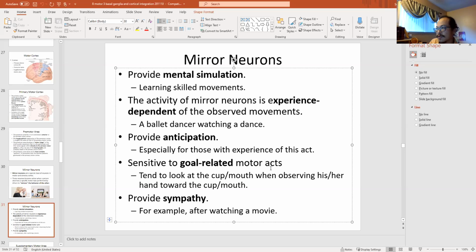If you see someone pouring coffee but forgetting the cup, you will immediately provide a cup because you know that's the next step. It also provides sympathy because you have the experience, and it's very much like watching a movie. Watching a movie helps you experience it again. So that's the mirror neuron.